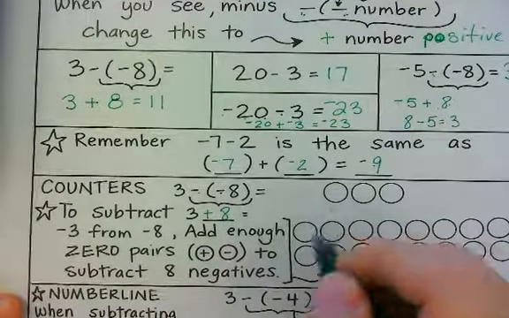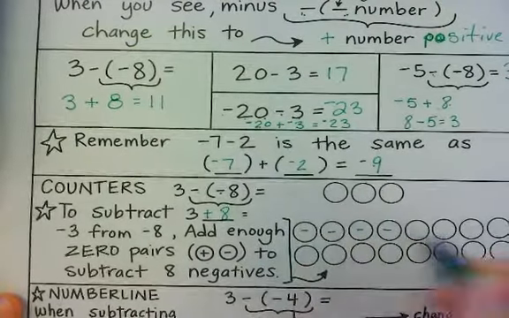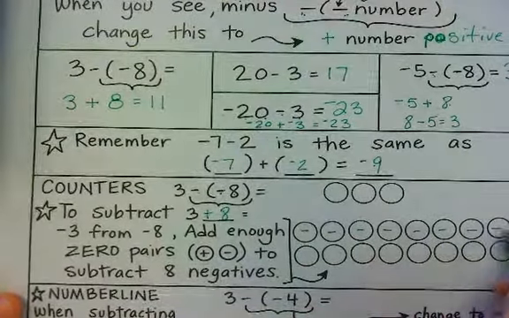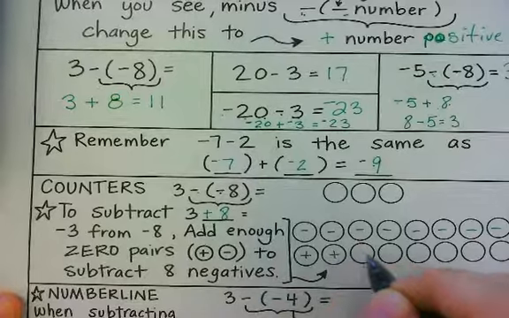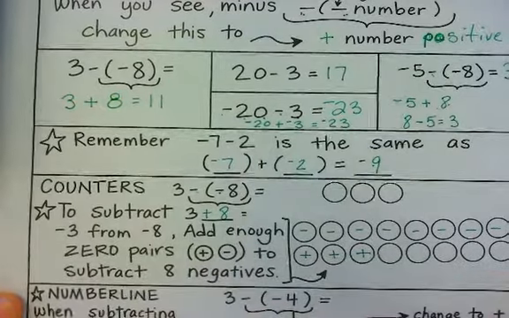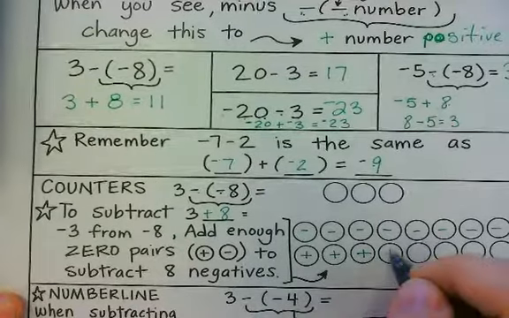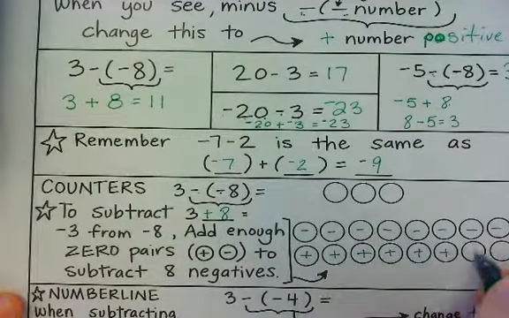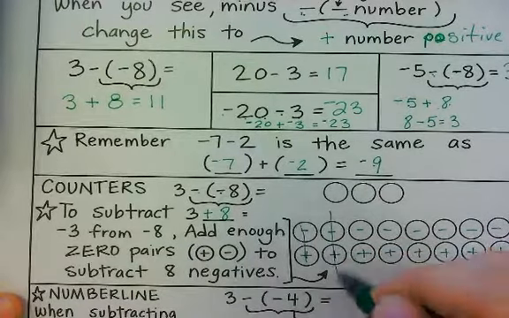So what we have is 1, 2, 3, 4, 5, 6, 7, 8 negatives, and we have to add 5 more positives, because we started with 3, right, to zero that out.